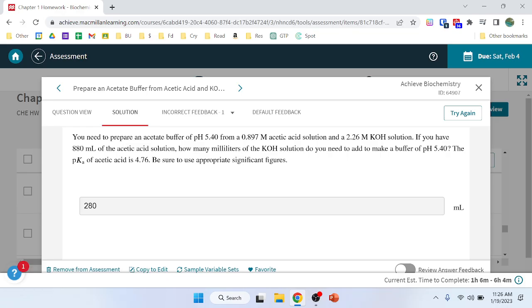I'm going to subtract off from 5.4 this 4.76. By the way, in case you're curious, your problems always have slightly different numbers. It's randomly generating them for everybody. But the way you do it is the same. Okay? So what was that difference? Can anybody give that to me?